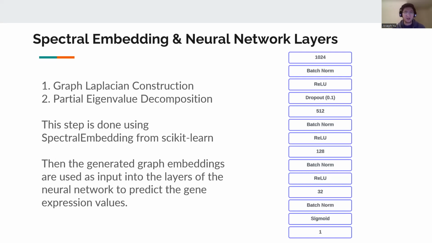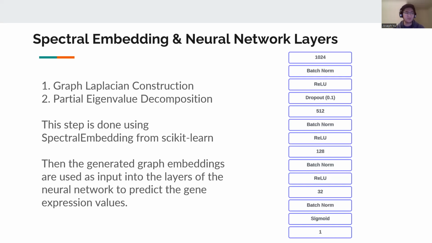The project uses spectral embedding from the Python scikit-learn library, and feeds the data into the layers shown on the right side of the slide, which has 1024 nodes at the input layer and 512 neurons in the second, and then 120 in the third, and then 32, and then lastly we have one single output value that would be the predicted gene expression for the gene.